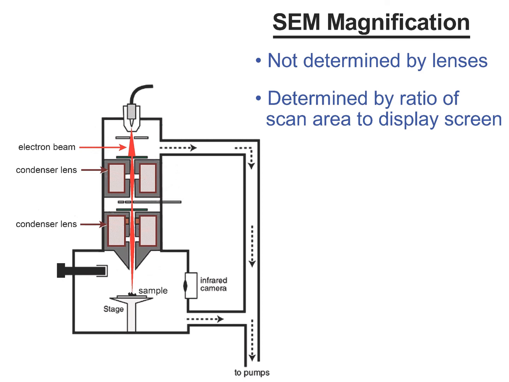So, how are different magnifications achieved with SEM? It's actually quite simple. Magnification is just the ratio between the area that is scanned and the display of that scanned area on the display monitor. Let's look at an example to show you what I mean here.